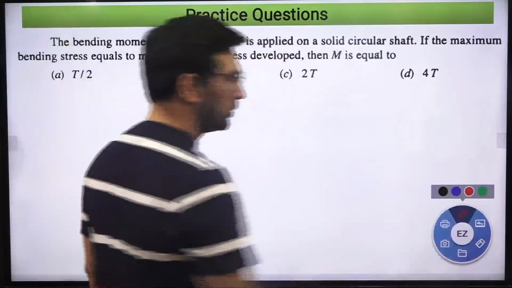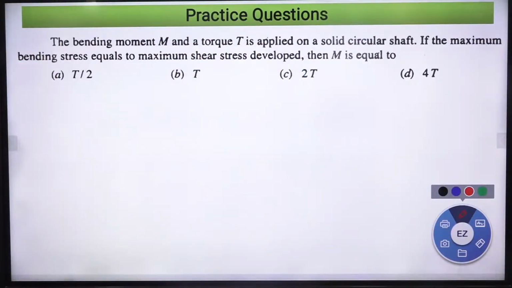Just have a look. The bending moment M and the torque T are applied on a solid circular shaft.